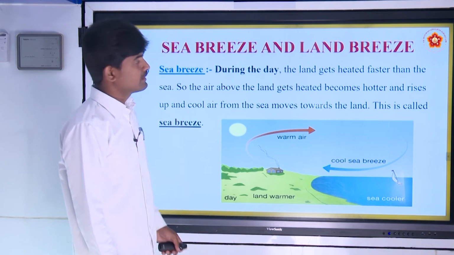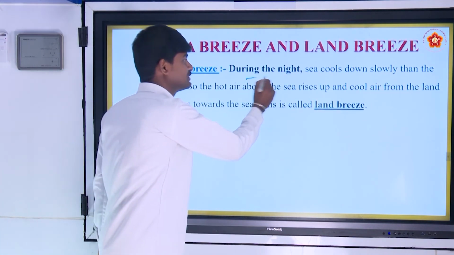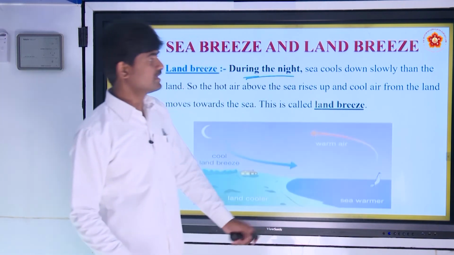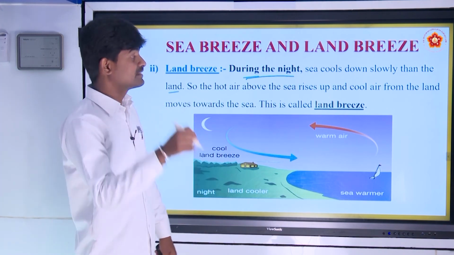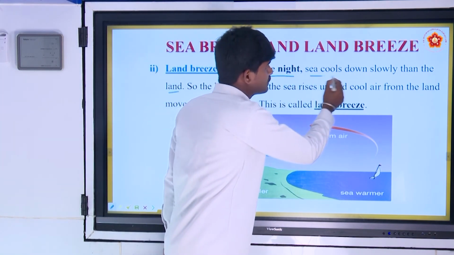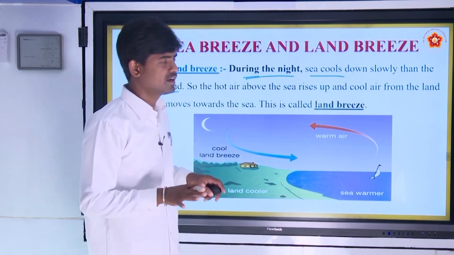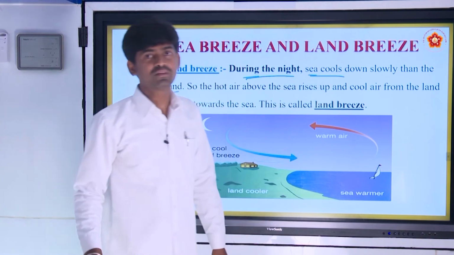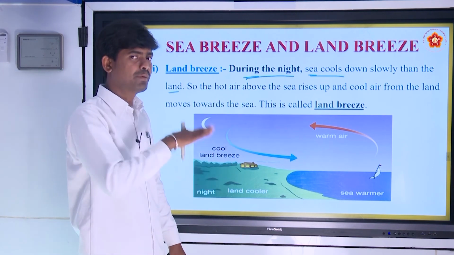Land breeze means it is vice versa. It happens during the night. The sea cools down slowly compared to the land.